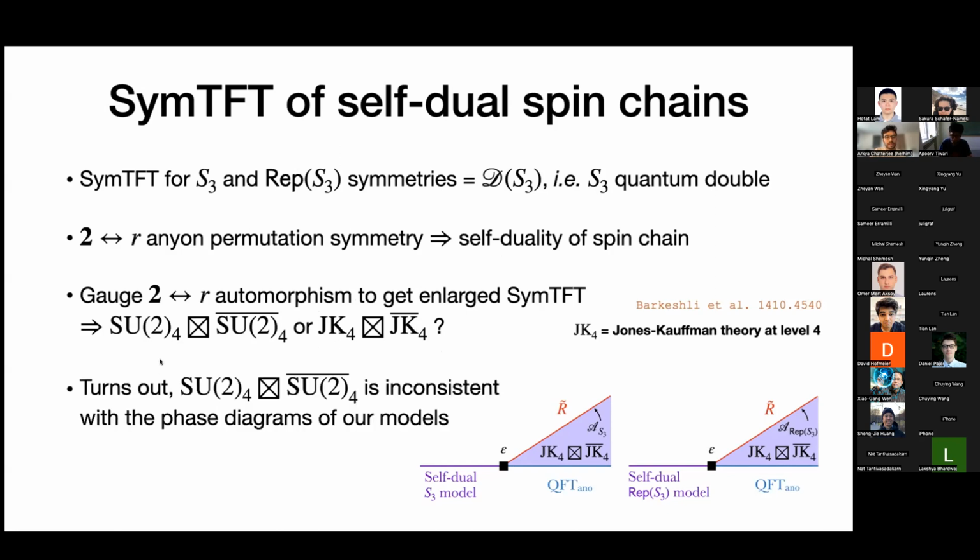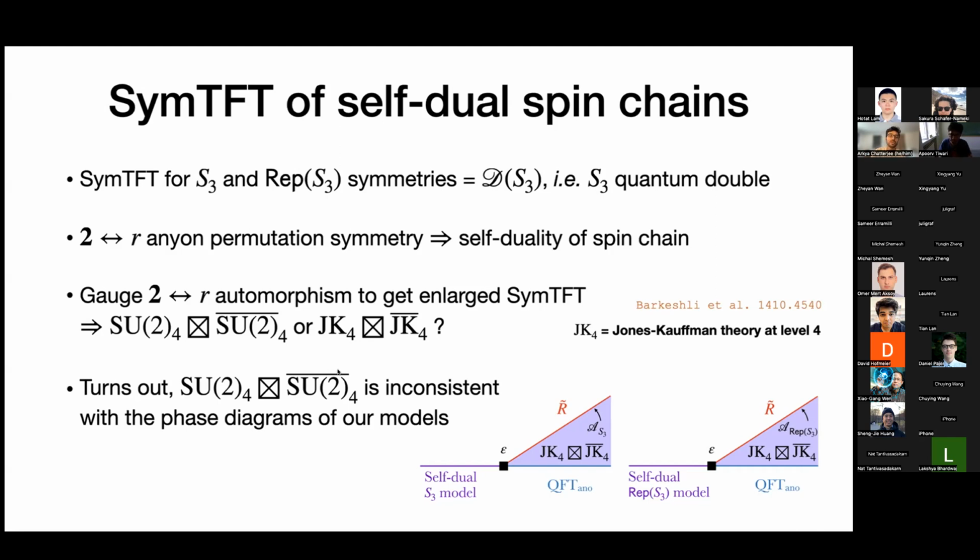It turns out that this option leads you to a gapless boundary theory from the SimTFT, which is consistent with a Potts CFT and has a symmetric relevant perturbation, which is inconsistent with the phase diagrams we had. Whenever we had Potts CFTs, they were restricted to the self-dual manifold.